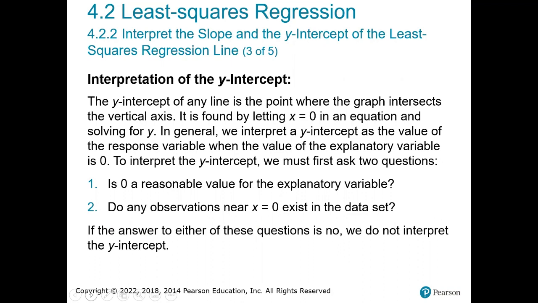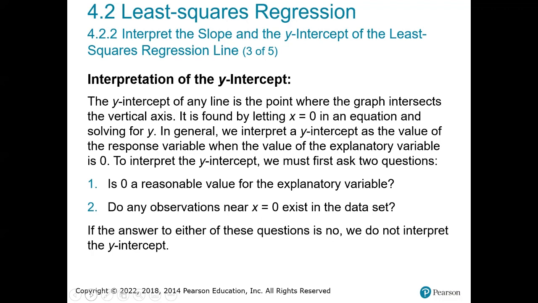However, some situations do not let us really interpret this. So we're going to look at our data set. Do we have any observations that are near 0? Are any of our x's close to 0? Because if they aren't, it's probably not worth discussing.